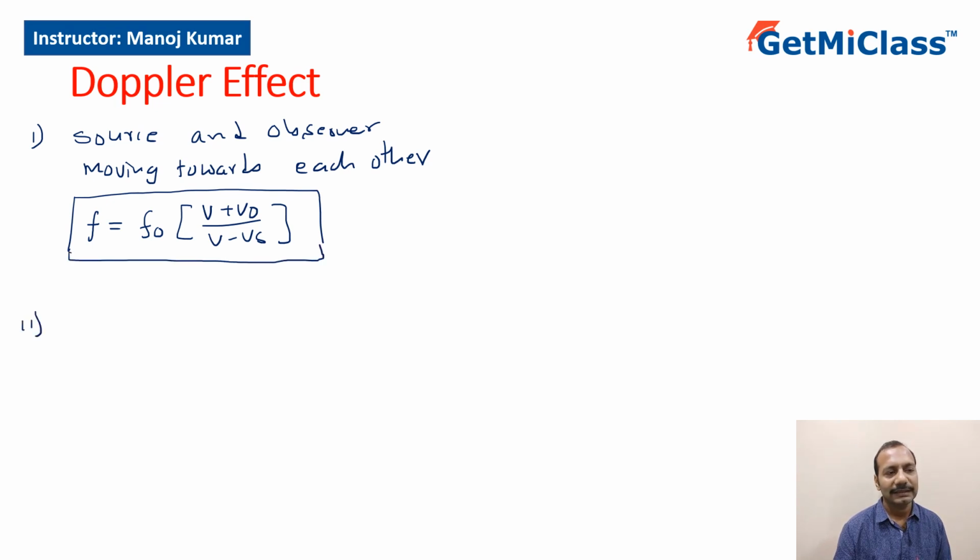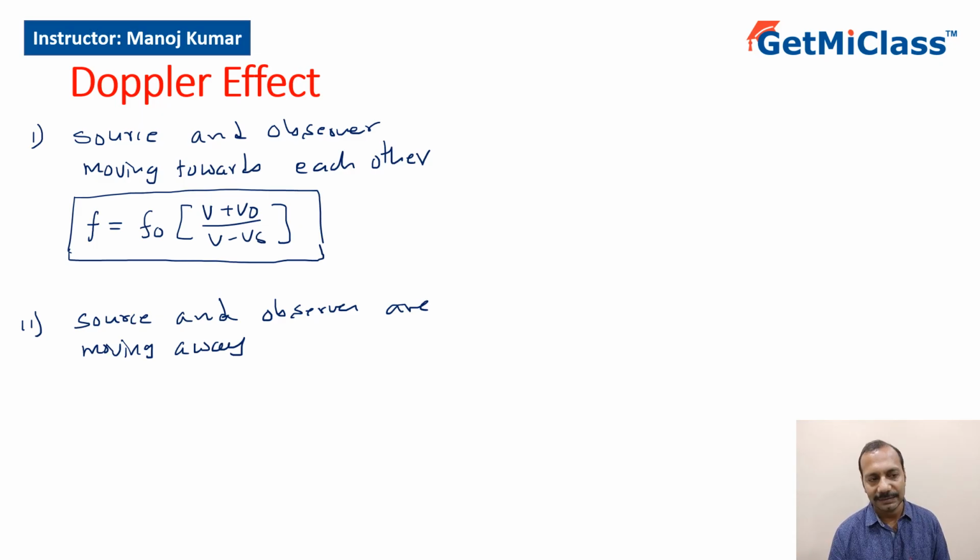So this would be the expression for the apparent frequency when source and observer both are moving towards each other. Now the second case, source and observer moving away from each other. This motion, that is the motion of source as well as observer, results in the separation between source and observer increasing.